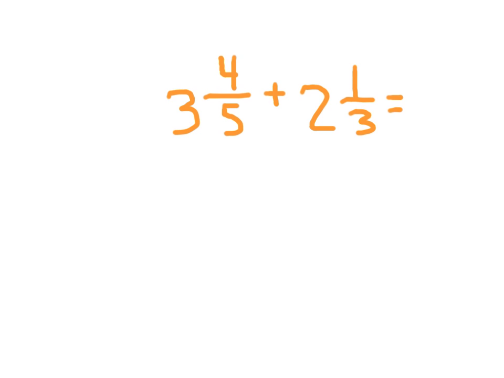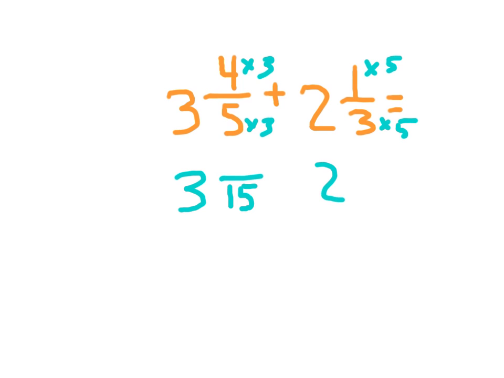Alright, one more example, 3 4/5 plus 2 1/3. And what I want to do again is find that common denominator. In this case, I'm going to go ahead and choose 15 as my common denominator. Times 3 here, times 3 here, times 5 here, times 5 here, and I remember to keep my whole portions the same as they were. 1 times 5 is 5, and 4/5 then is equal to how many 15ths? 12.